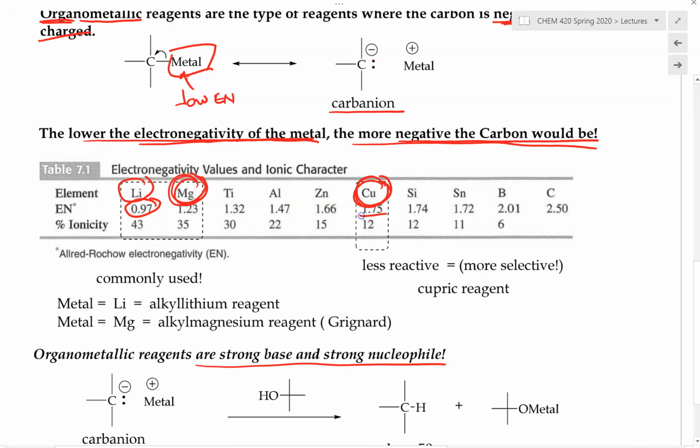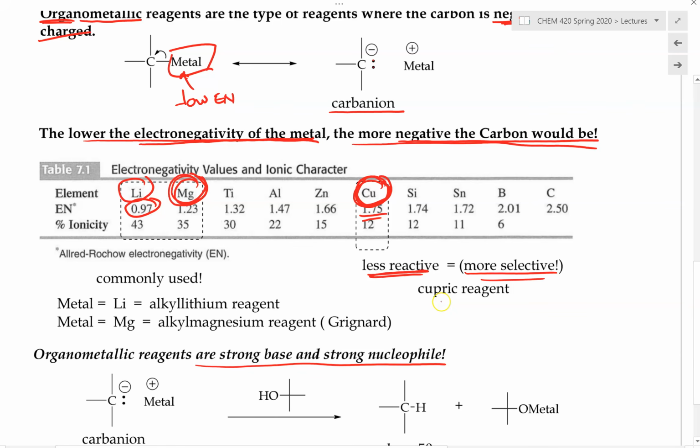If we look at the electronegativity of copper, it is 1.75. So it has a high electronegativity compared to lithium and magnesium. Therefore, an organometallic reagent consisting of copper would be less reactive. And being less reactive may actually be more desirable, because it means it can react selectively.